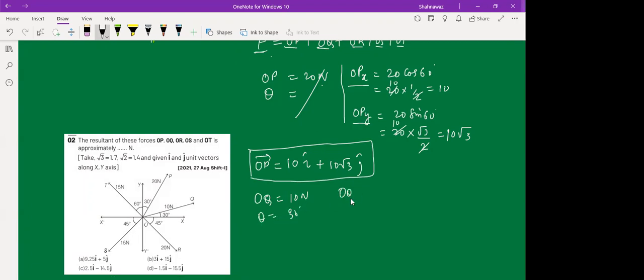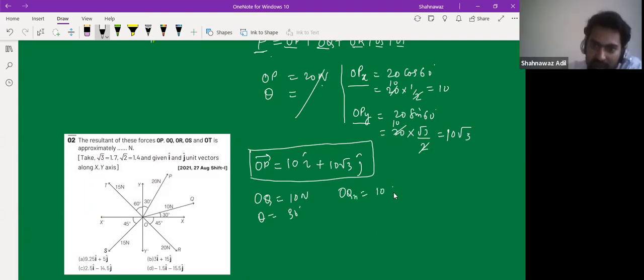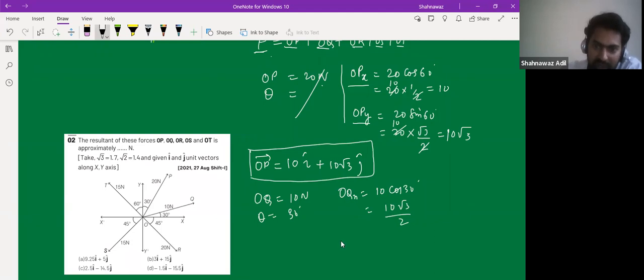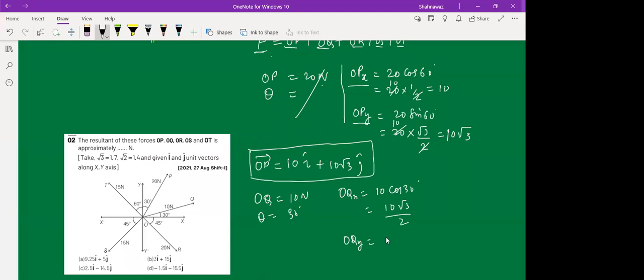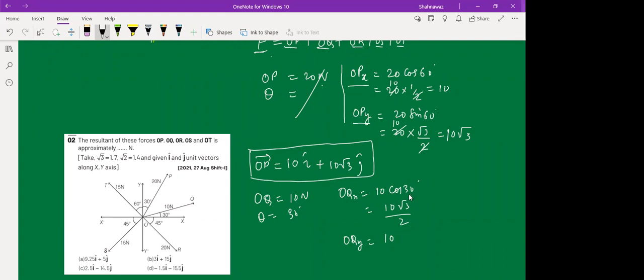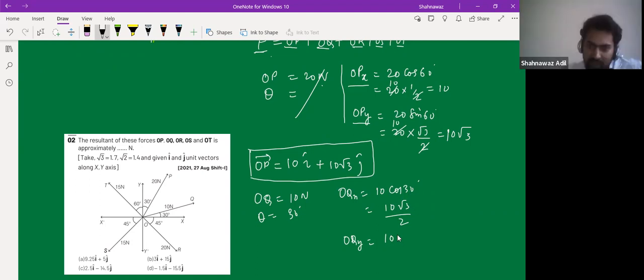So OQX is 10 cos 30, and this is 10 root 3 by 2. And OQY is 10 sine 30, not sine 60. Your theta can't change. So this is 1 by 2, so this is 5.